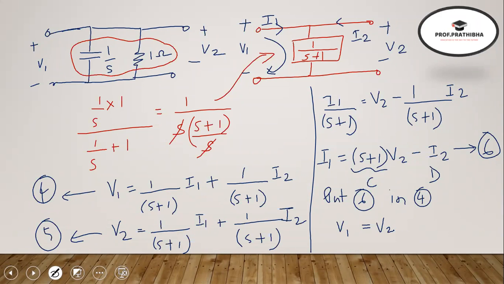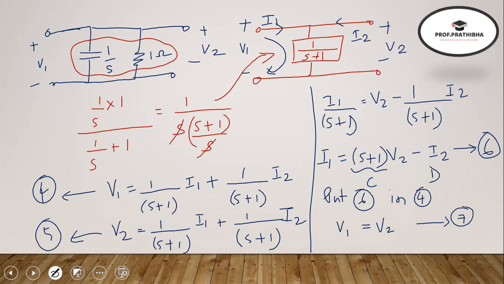So once you get V1 is equal to V2, this becomes our equation number 7.